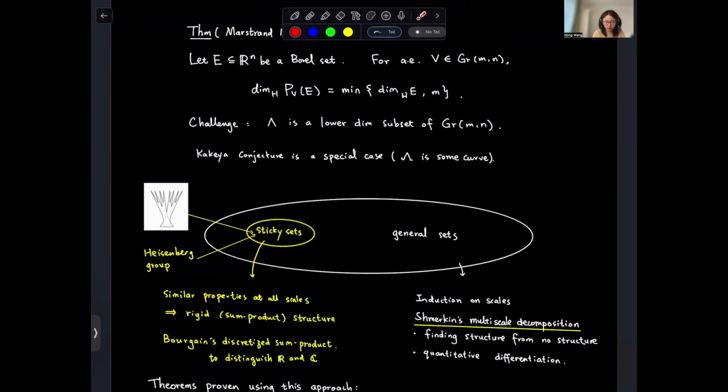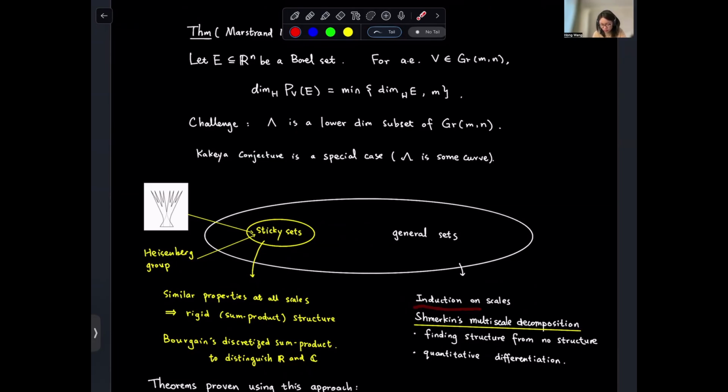The general strategy is that we first study the problem within the special class of sticky sets. Usually the problem becomes slightly easier there, because it has a lot of structure we can explore. Then once we prove the desired theorem for sticky sets, we can use it as a base case to do induction and prove the theorem for general sets. The technique we use is called induction on scales.